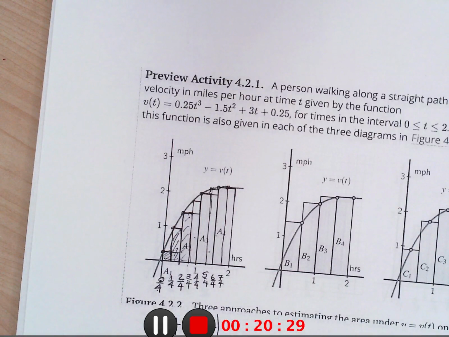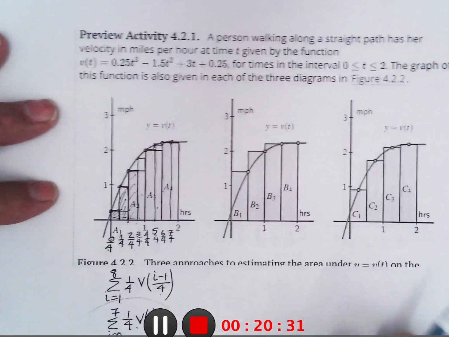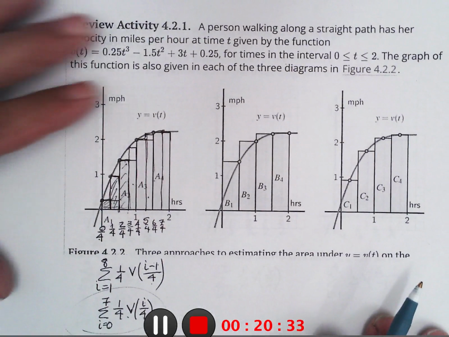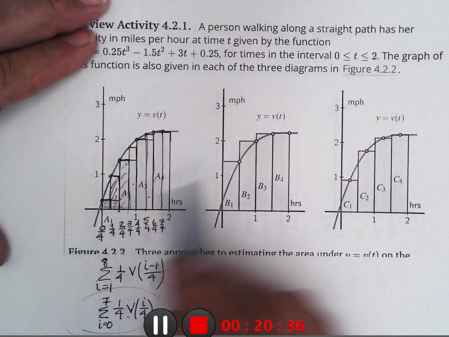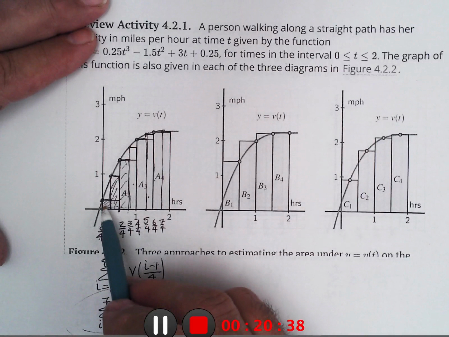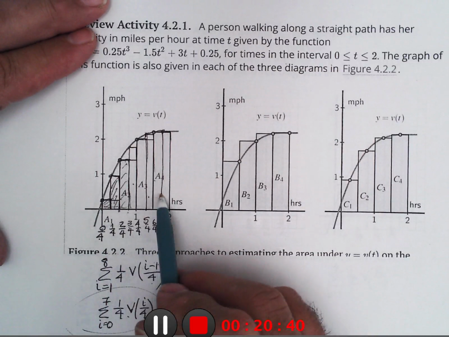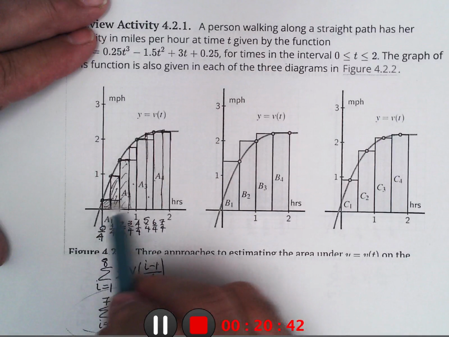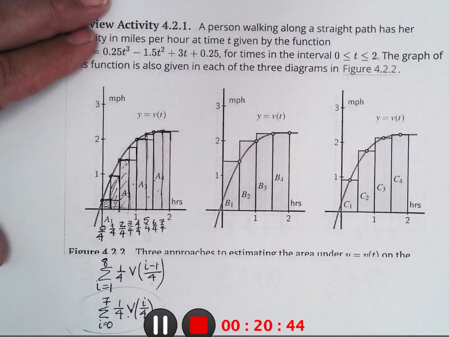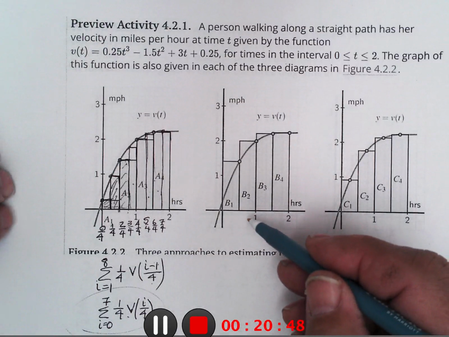And finally, the last thing I did in class is said, well, instead of doing 4 rectangles or 8 rectangles, what if we wanted to do n number of rectangles? Keep increasing these numbers.